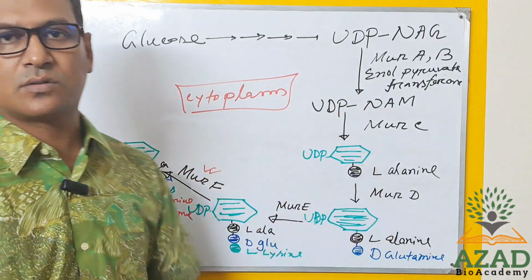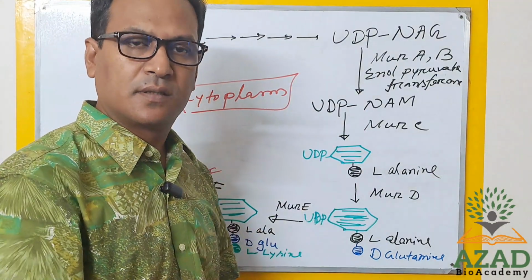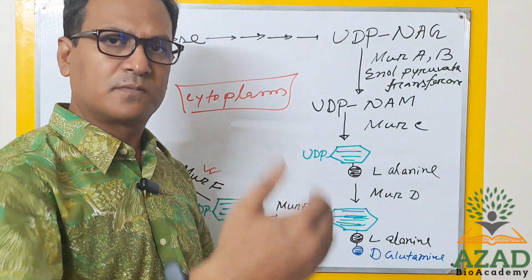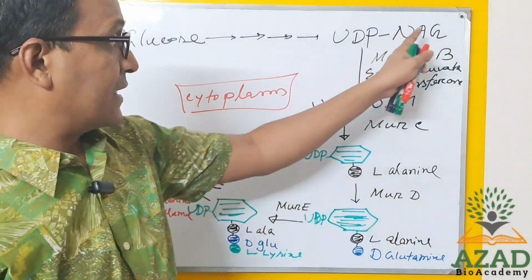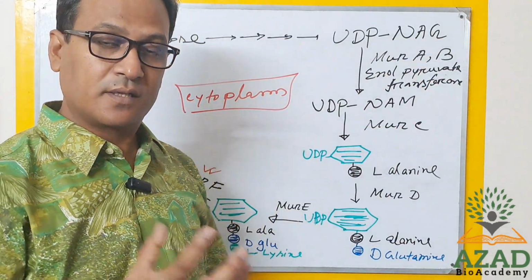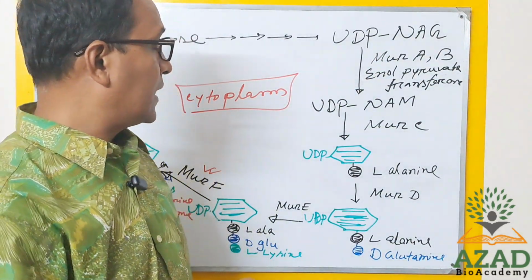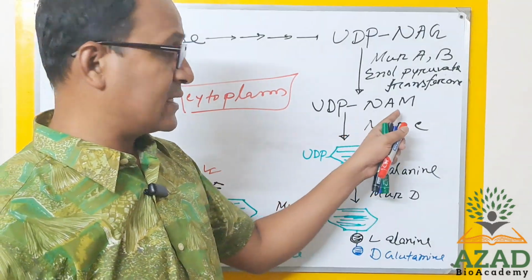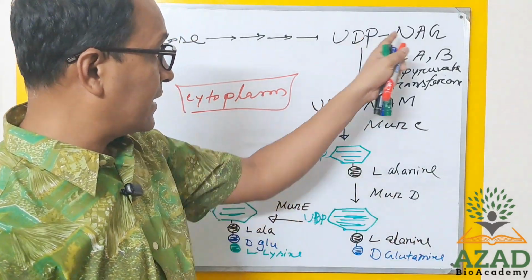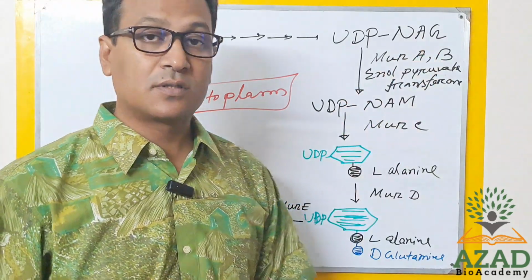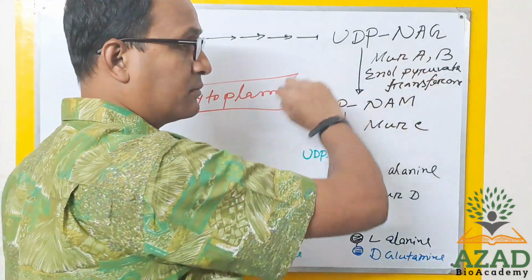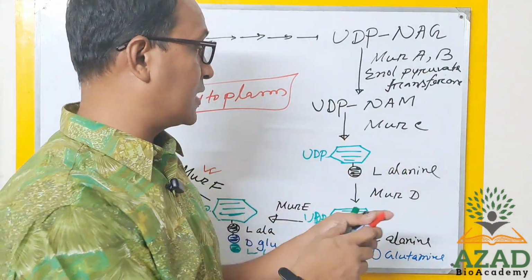That is, glucose will be converted to fructose, then fructose phosphate, then it will turn into UDP N-acetyl glucosamine. This is one of the basic units, and another unit is the N-acetyl muramic acid.